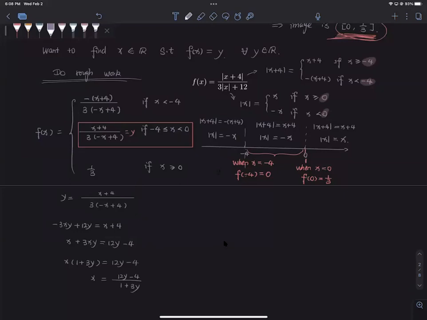So this is going to be my x. And we're done with rough work.